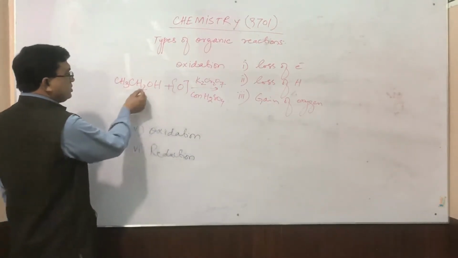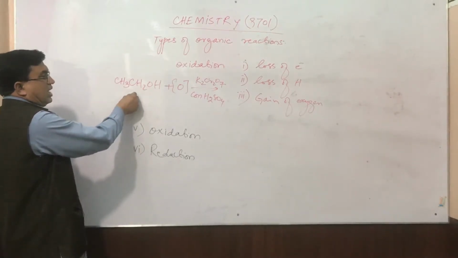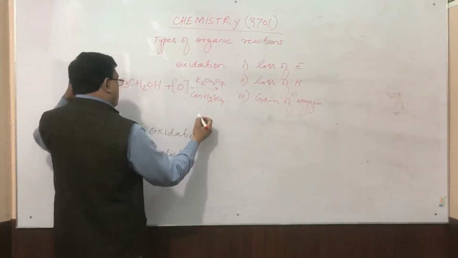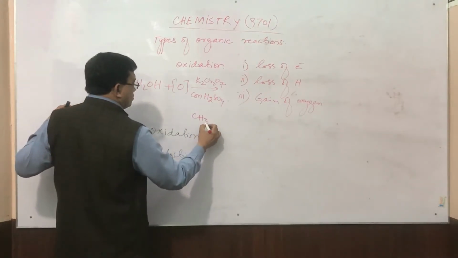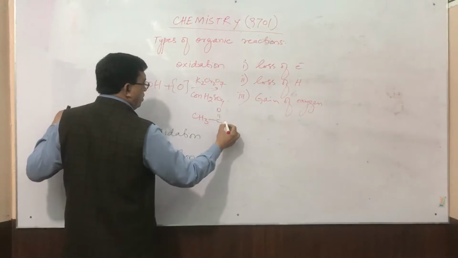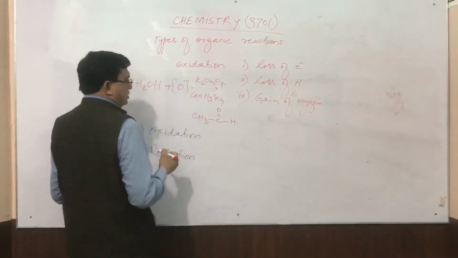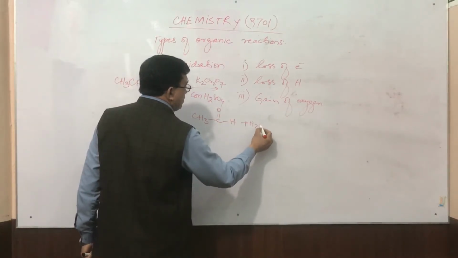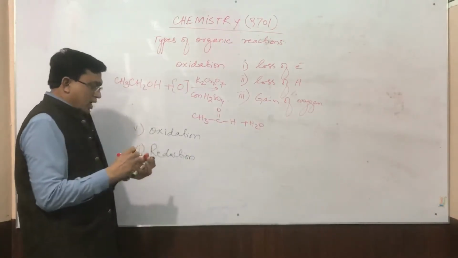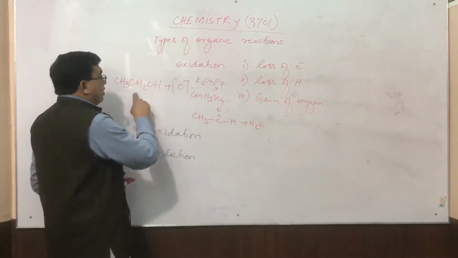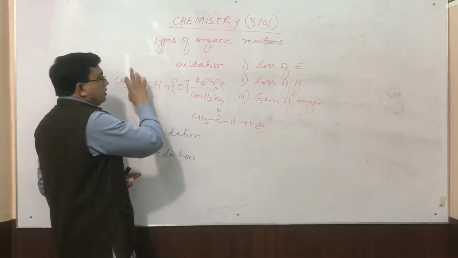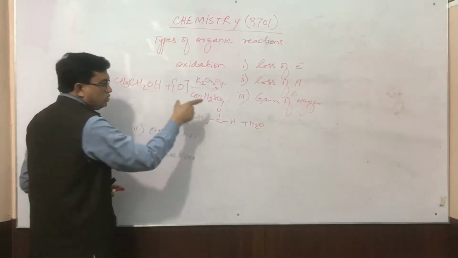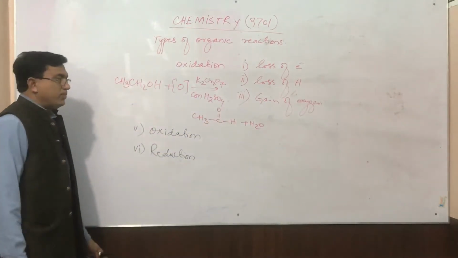This atomic oxygen oxidizes the alcohol first into aldehyde, CH3CHO, along with a water molecule. It means that this oxygen has removed hydrogen from the molecule. The removal or loss of hydrogen from the molecule is also called oxidation.